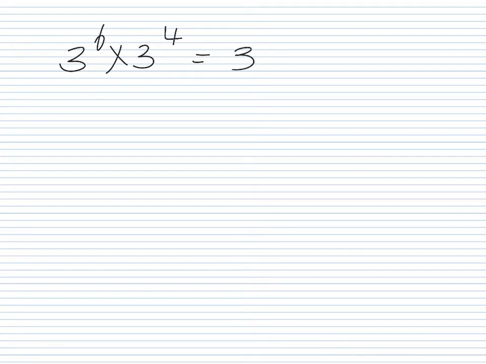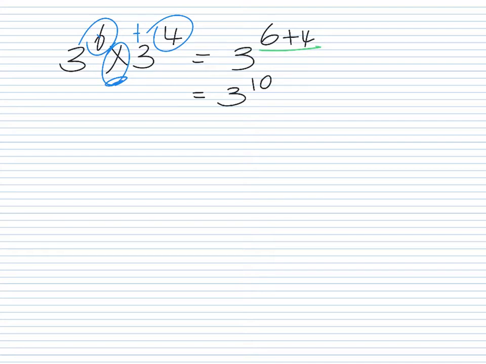Because we're multiplying here, we know that we've got to add our powers, which is 6 plus 4. But we can write it even more simply than this. So in this case, we would go 3 to the power of 10, because 6 plus 4 is 10.